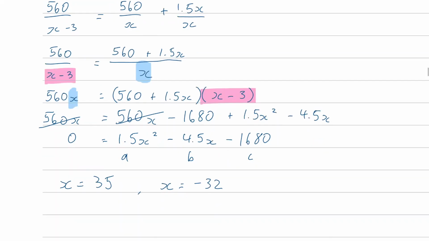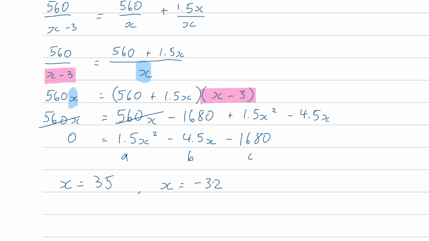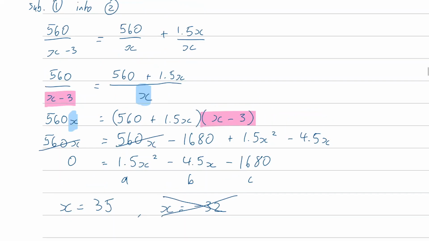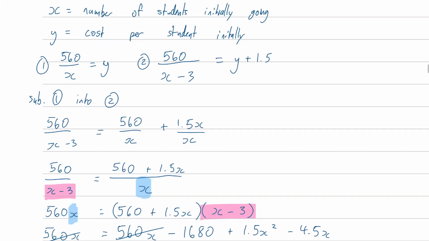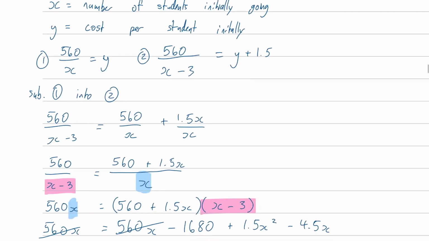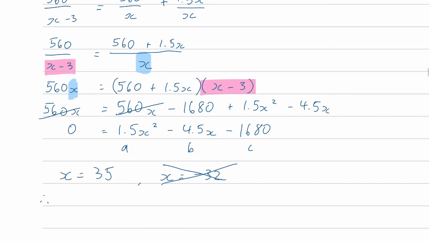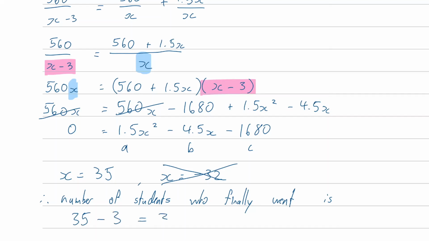So, the number of students can't be a negative number, so we can disregard that solution. And remember, x we defined as number of students initially going. So therefore, the number of students who finally went is 35 minus the 3 that couldn't make it, which gives us 32.